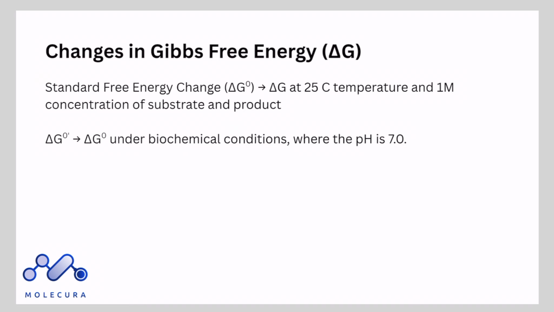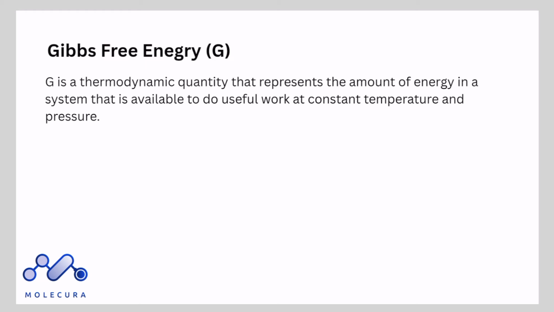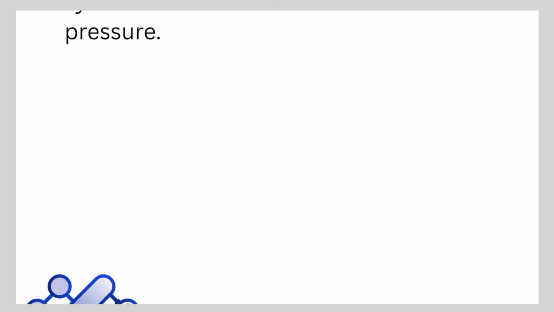Now, how does this come into practice? In general, the change in free energy is the energy of the products minus the energy of the substrate. And this could have three different scenarios.